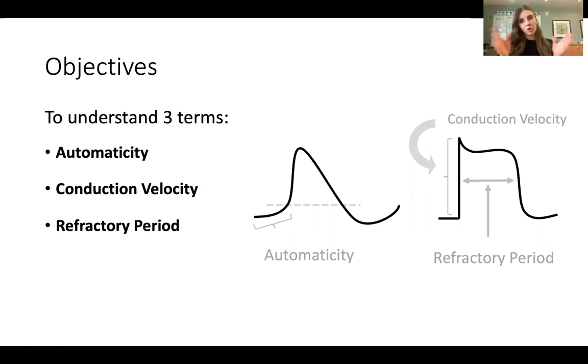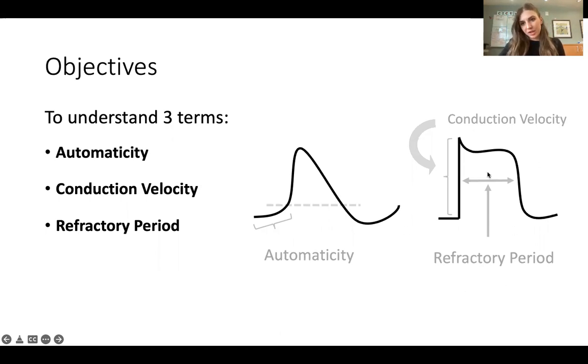These terms correlate to two different types of action potentials that we have. The first one right here is the action potential of our pacemaker cells. So imagine our SA node shooting off. This term automaticity refers to this phase 4 slope, and it means the speed at which we reach the threshold in order to depolarize.